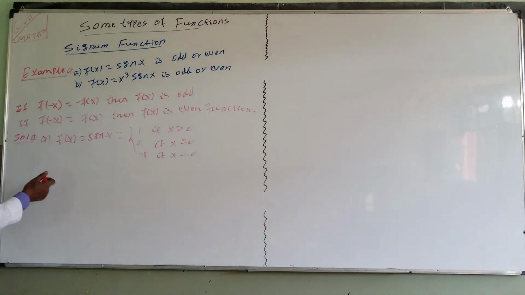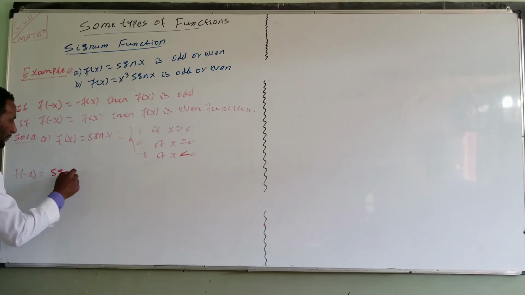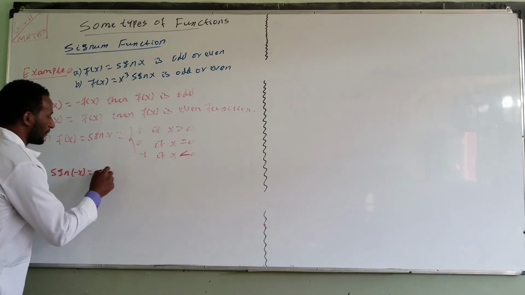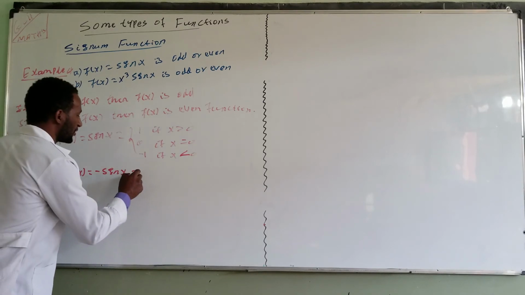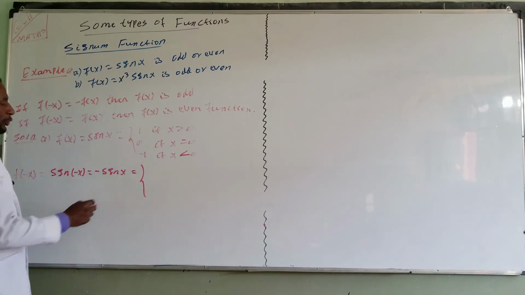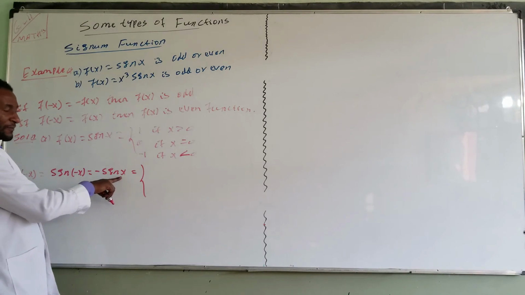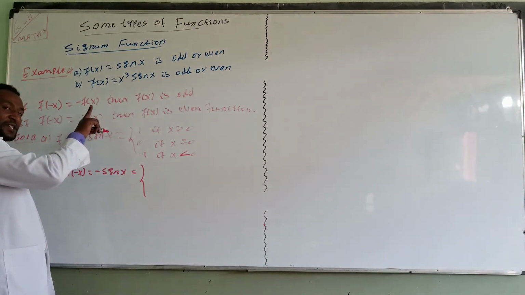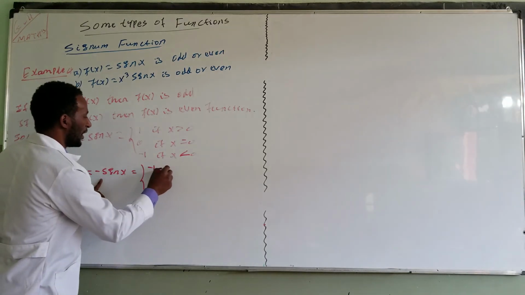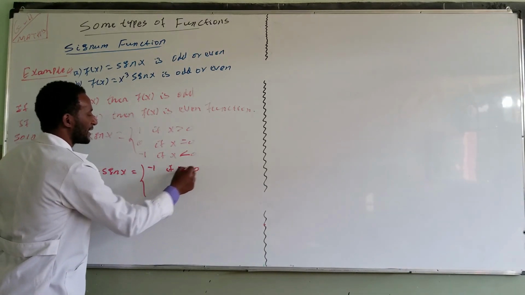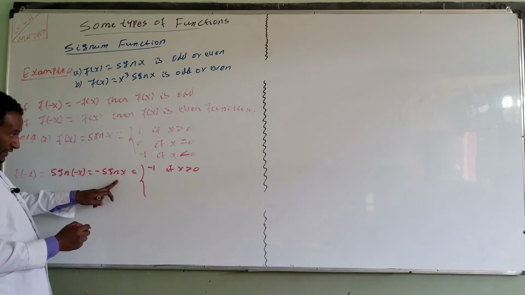Then let us find f of negative x. f of negative x is equal to signum of negative x, which is equal to negative of signum x. We know the value of signum x from the previous definition.